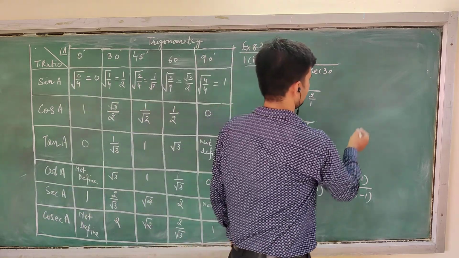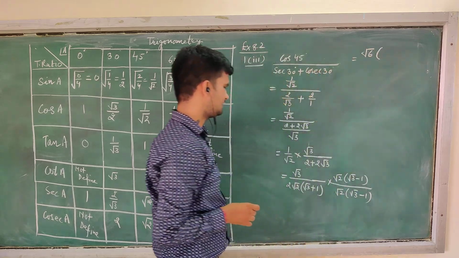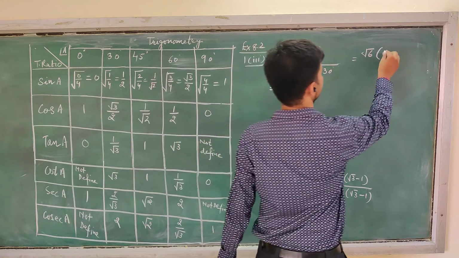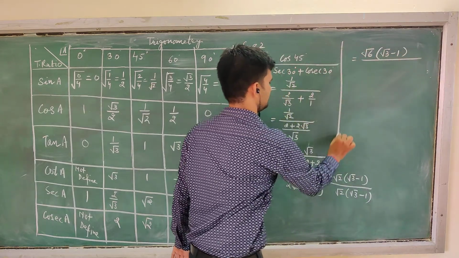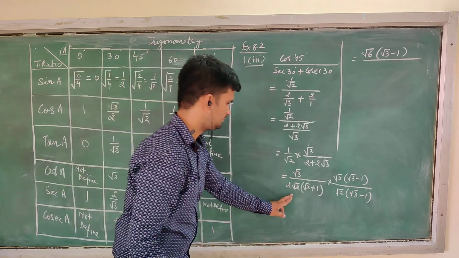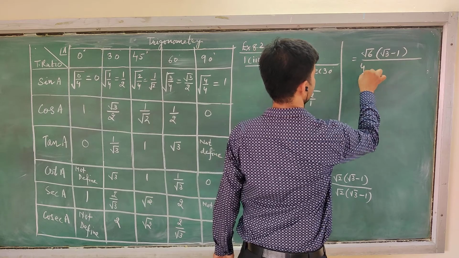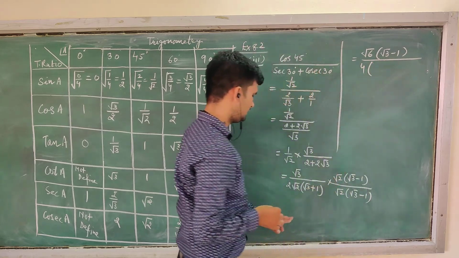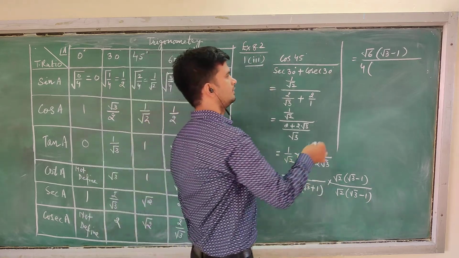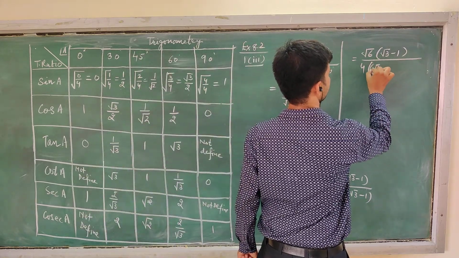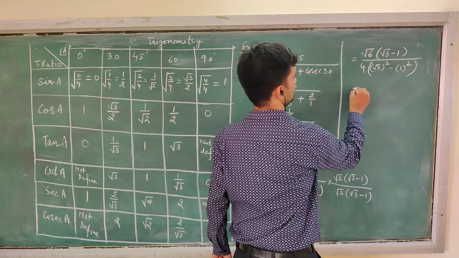So it will become root 6 into root 3 minus 1, and this will become 2 root 2 into root 2, it is 4. And see here, a plus b into a minus b is a square minus b square.